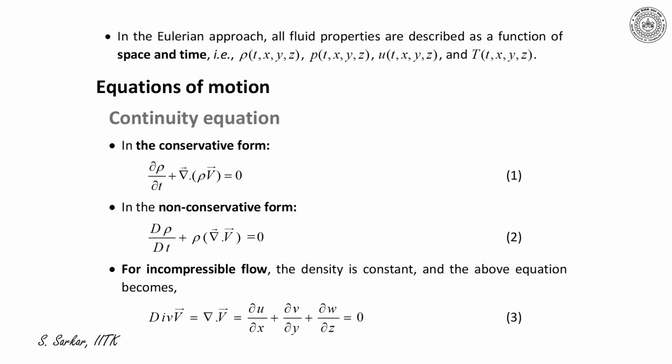Now here let me define the velocity vector V equal to i u plus j v plus k w. i, j, k are the unit vectors in x, y, and z direction, and u, v, w are the components of velocity vector V in x, y, z direction.